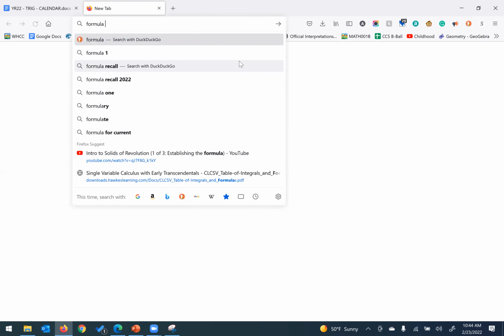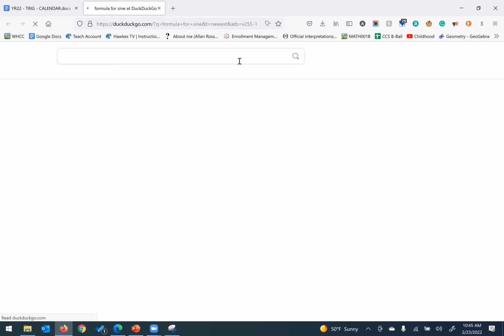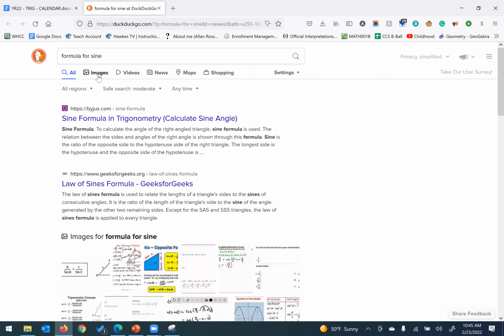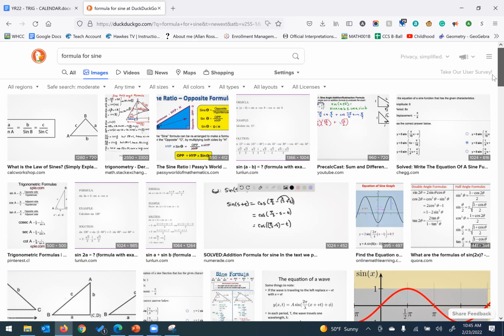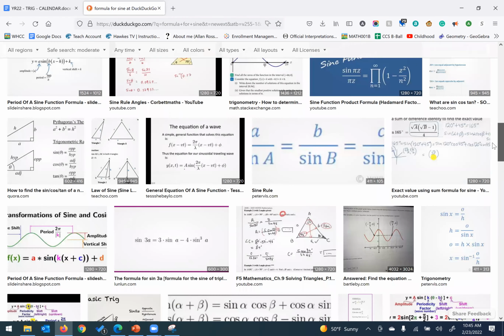I wonder if I can show this formula for sine. Let's see if they give it the way I want it. Okay, so that's all fine and dandy.